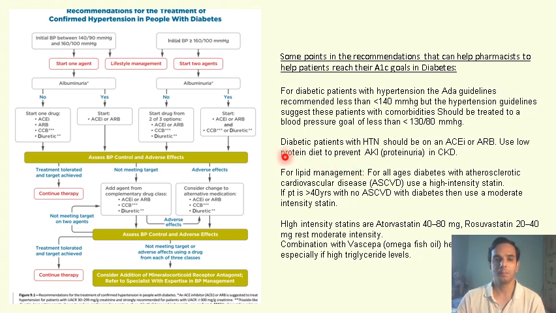For patients with comorbidities like hypertension, the ADA guidelines recommend less than 140/90 mmHg, but the new hypertension guidelines suggest a blood pressure goal of 130/80. So maybe it's because of the timings of the two guidelines coming out.